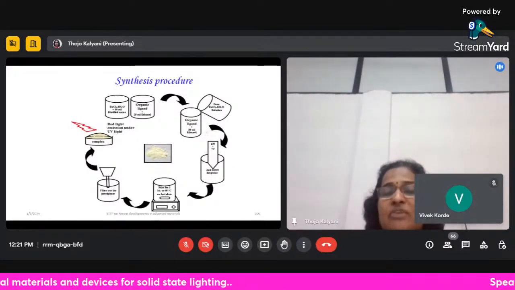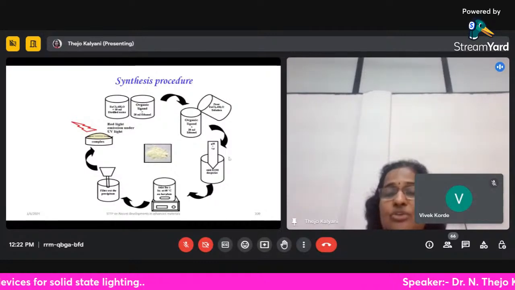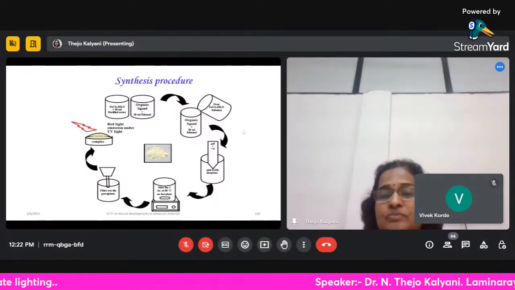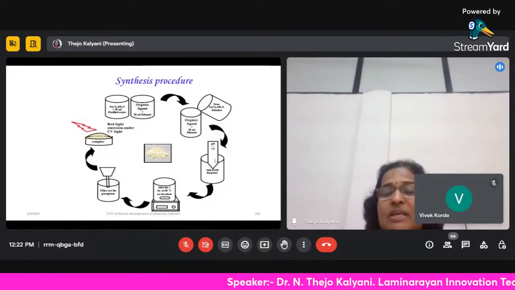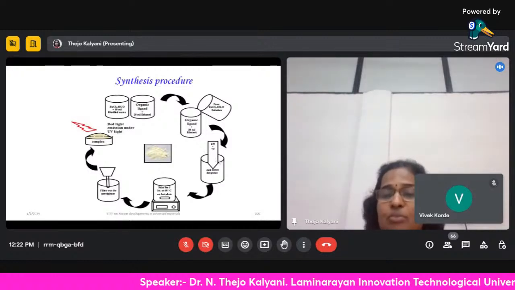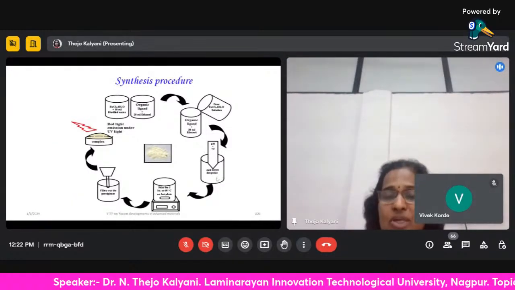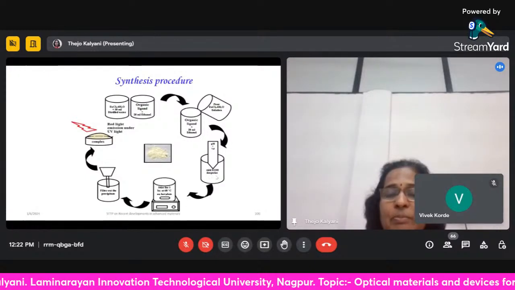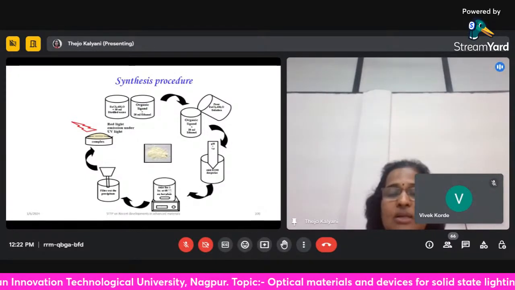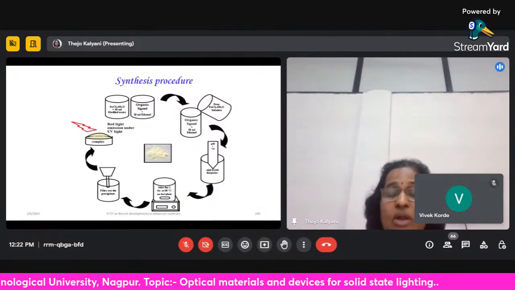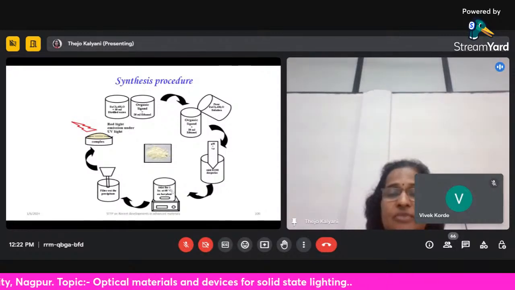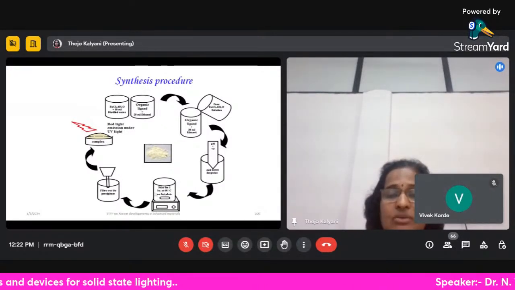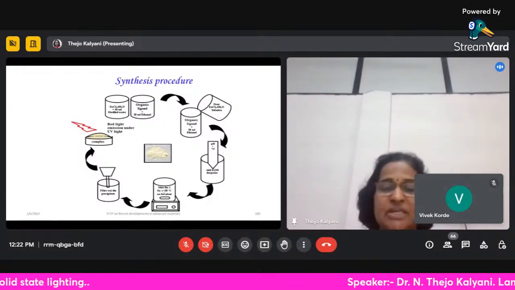Now the first ligand is taken and both are mixed, and the pH is to be adjusted. Whenever we mix these two, the pH will generally be around 3 to 4, and we want to adjust this pH to 7 or 7.5 by adding diluted KOH dropwise. We keep this solution on the hot plate with a magnetic stirrer and stir it for 1 hour until the precipitate is formed.